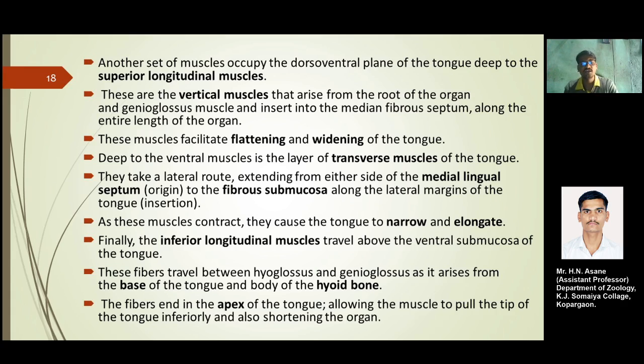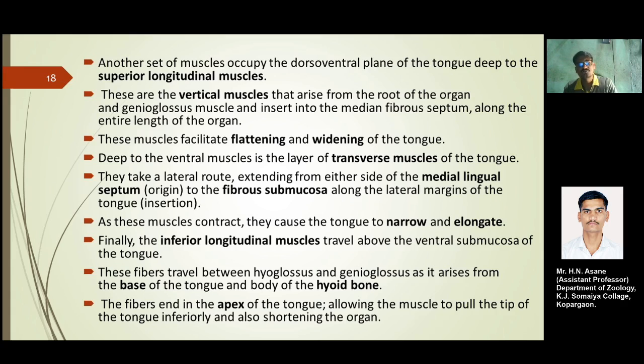Finally, the inferior longitudinal muscles travel along the ventral submucosa of the tongue. These fibers travel between the hyoglossus and the genioglossus, arising from the base of the tongue to the body of the hyoid bone. The fibers end in the apex of the tongue. As I said, they arise from the root and end at the apex.